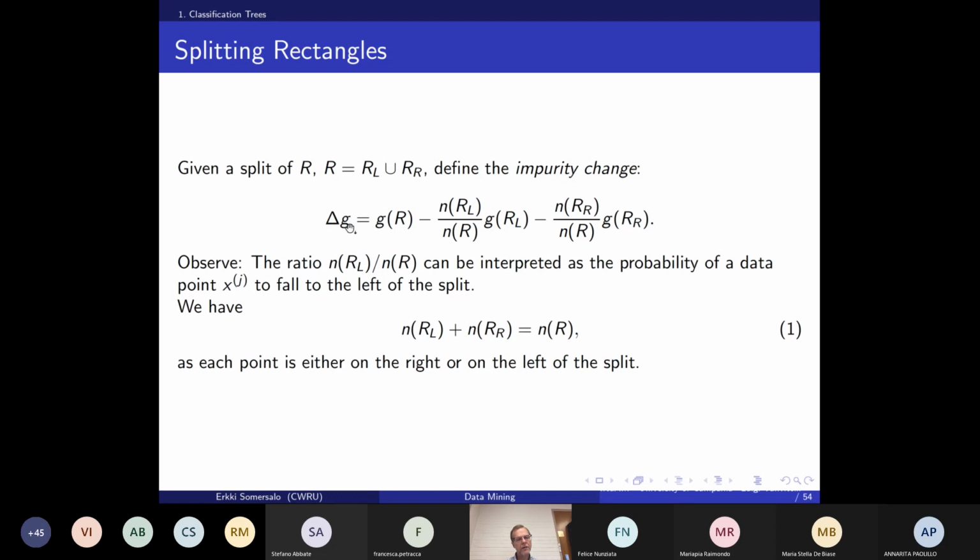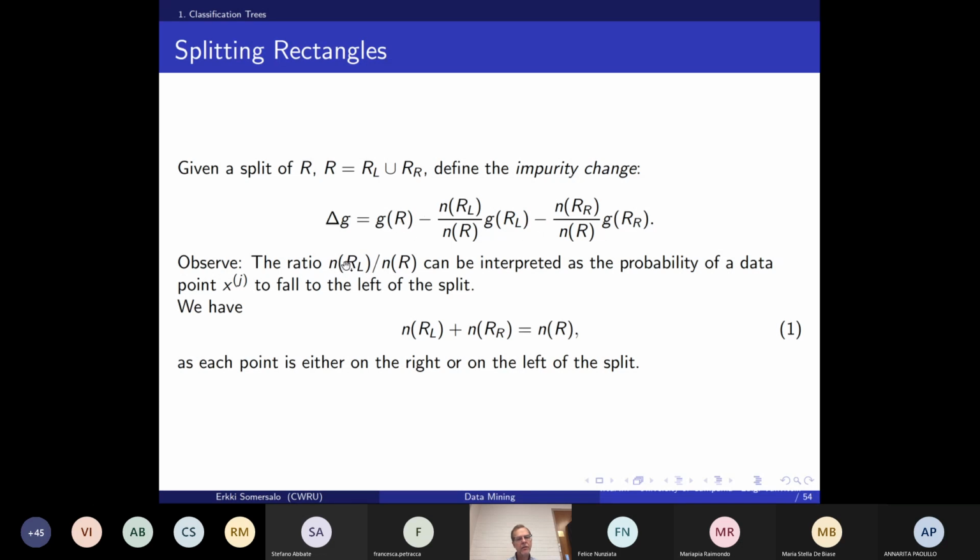So we want this delta G to get smaller, so that the impurity is decreasing when we are splitting my rectangle. So it would be nice to see that this delta G is negative, right? So impurity is decreasing, yes. So we are looking at the overall change in the impurity.